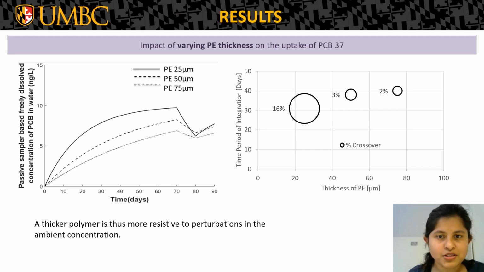This information is also more concisely put in the second diagram, where we correlated the time period of integration with PE thickness, and the time period of integration varied from 31 days for a 1 mil PE to 38 days for a 2 mil PE and 40 days for the 3 mil PE. And the thicker polymer was also about 12% more resistive to perturbations in the ambient concentration, as is seen by the size of the bubbles.